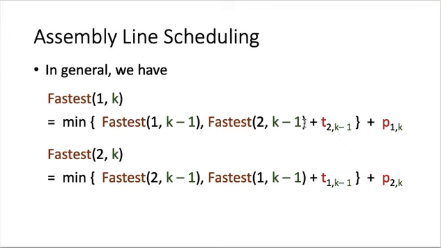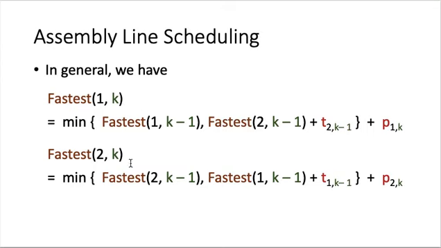So the minimum of these two represents the fastest time to reach the beginning of step K. Once we have the minimum of these and add the processing time P1K, then we can get the value of fastest 1K.